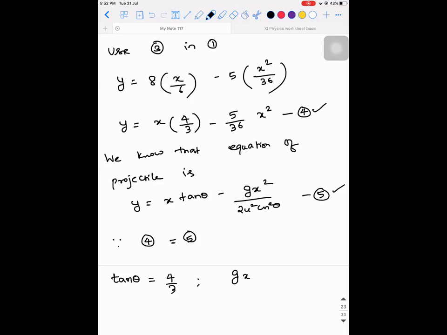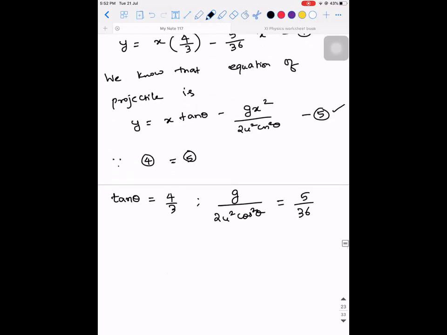Similarly, g divided by 2u square cos square theta is 5 by 36. In this question, you can take the value of g as 10. If tan theta is equal to 4 by 3, then what will cos theta be equal to? Draw the triangle and tell me. 3 by 5. Very good.